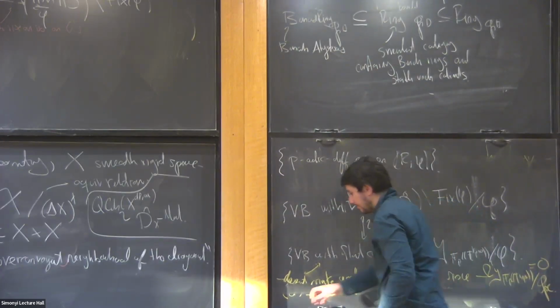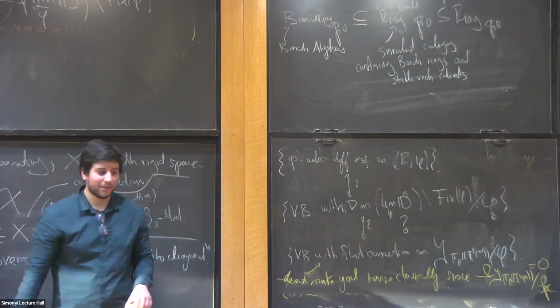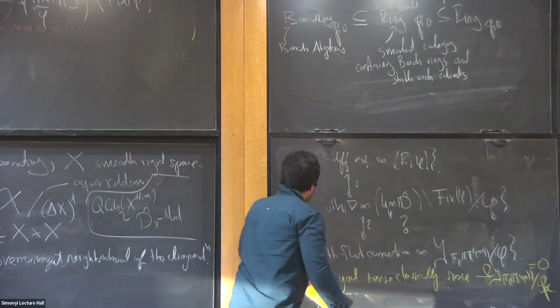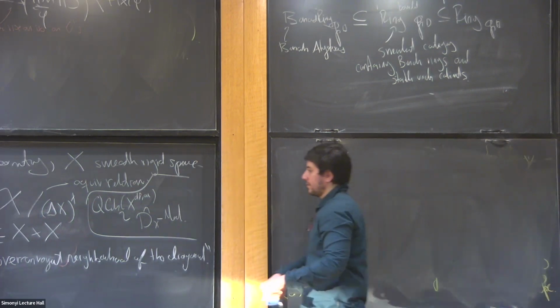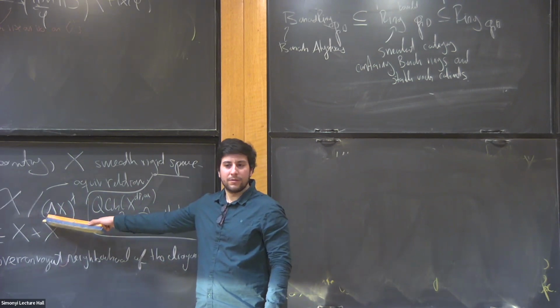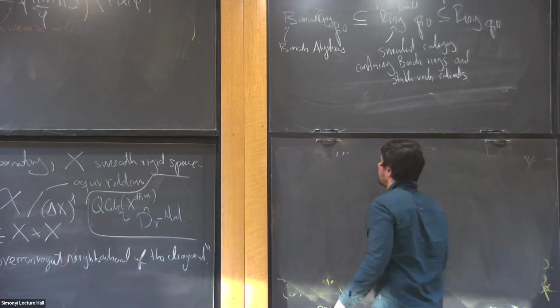Well, it already contains Banach rings and maybe all the algebras that we know, which are basically Banach rings by definition. But more important is that within this category, I can now start talking about overconvergent functions in a precise sense.